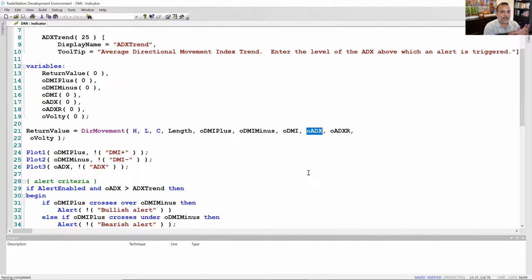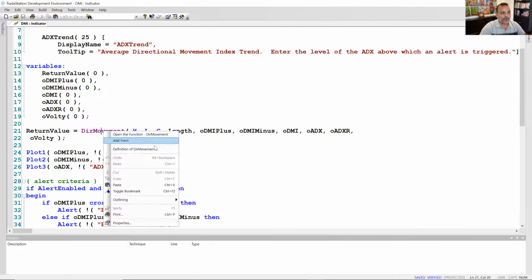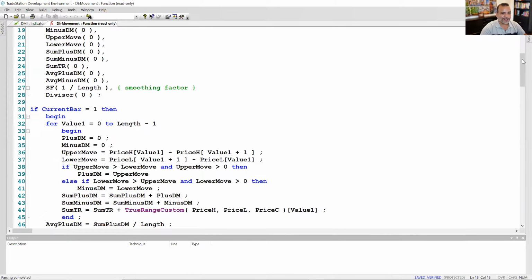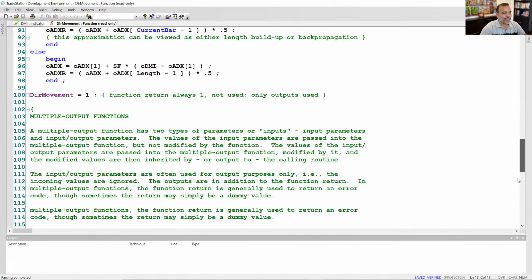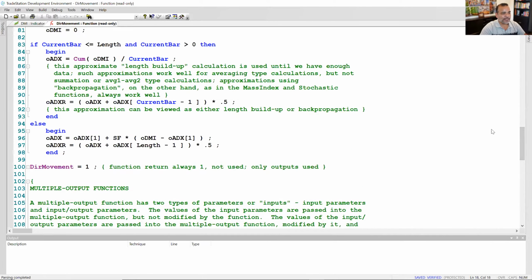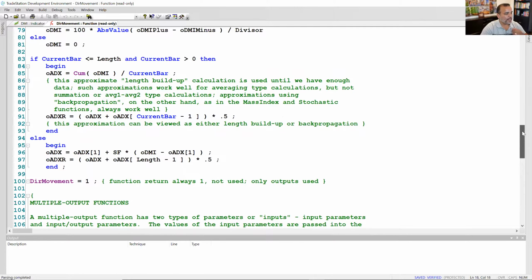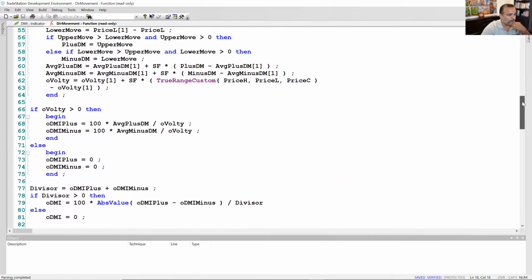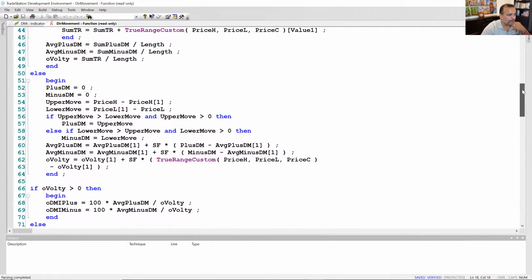This is what's called a multi-output function because it provides you many calculations. But if we open up the directional movement, let me open it up for a moment. This is where most of the calculations are happening. This function right now has about 100 lines of code. You see some variables here that are named SF.